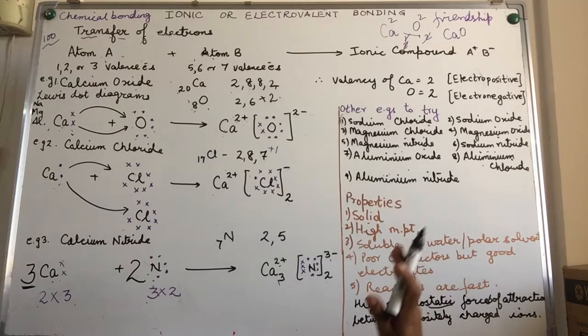Here the electrons are remaining localized on the atom. So electrostatic means non-movable charges. Forces of attraction means between oppositely charged ions there are strong forces which are called electrostatic forces. It is these forces which are holding the ions together.